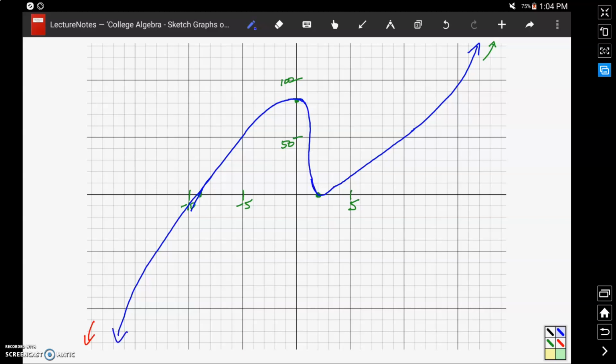So this would be a rough sketch, and it's important to keep in mind that what we're doing is just sketching the graph of our function to make sure we have the end behaviors represented and the behaviors at our intercepts represented, and that we're also intersecting with that y-intercept. Some things that we don't know are where any extrema occur, and what the rate of change of our function is at any given point.